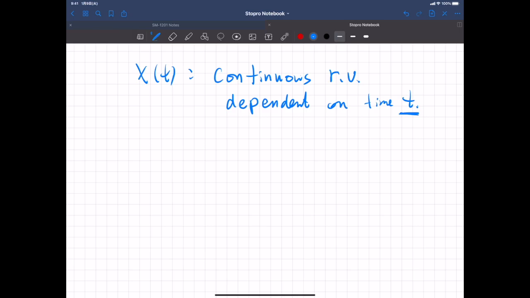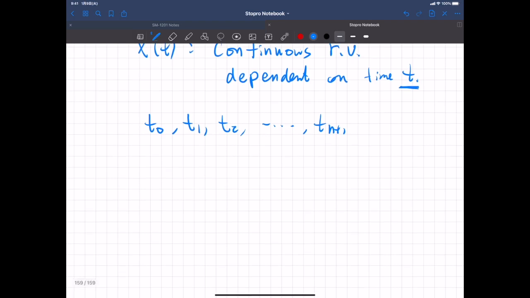And consider some set of time points like t0, t1, t2, up to t_{n+1}, for some n, and define a new random variable d of t_{i+1} as the difference between the random variable x at time t_{i+1} and t_i.